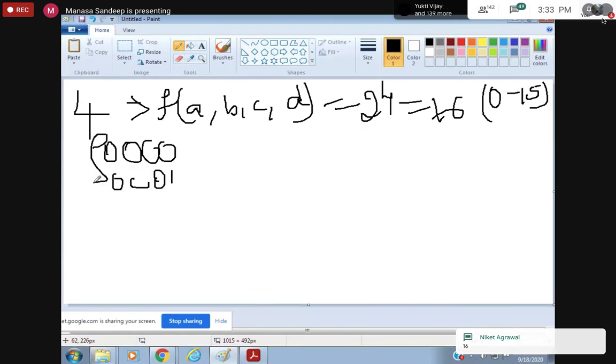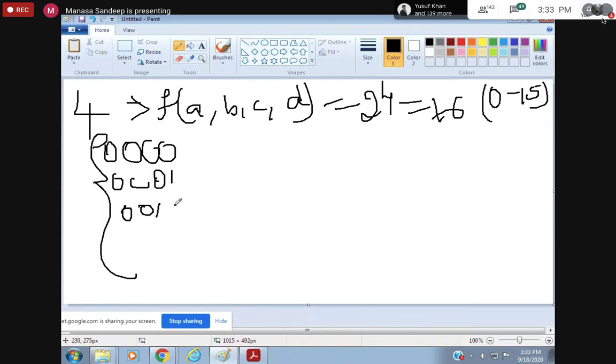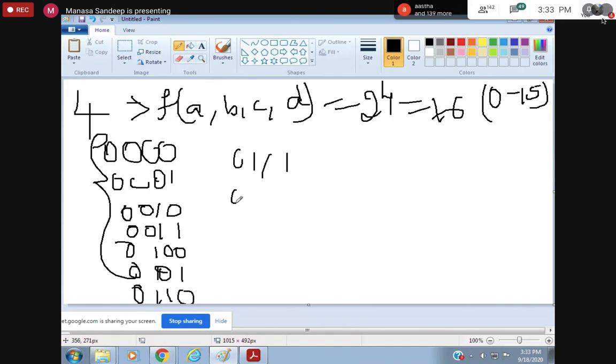This truth table also you should know how to write. If you don't know, please practice. 0 0 1 0, 0 0 1 1, 0 1 0 0, 0 1 0 1, 0 1 1 0, 0 1 1 1, 1 0 0 0. I want this in the same order itself.